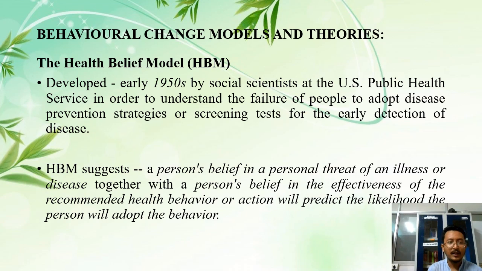For example, if I have to adopt a particular behavior change, I must believe in the first place that there is a personal threat, a life threat, that I am facing, right? Number two, there also must be a belief in the effectiveness of the recommended health behavior.